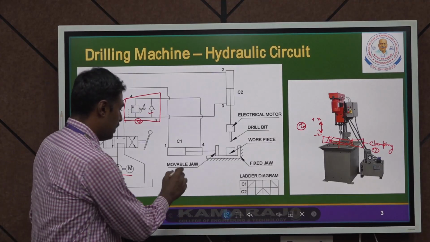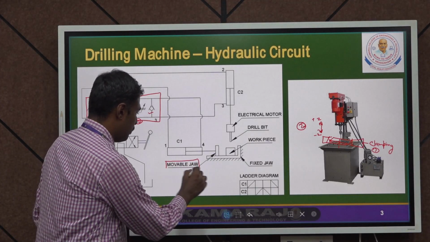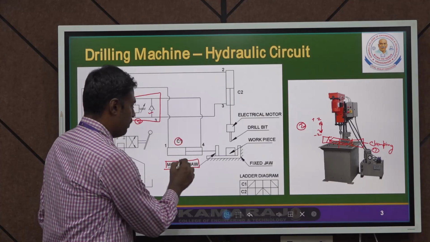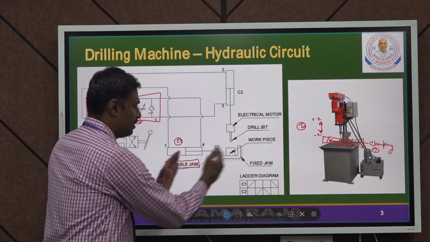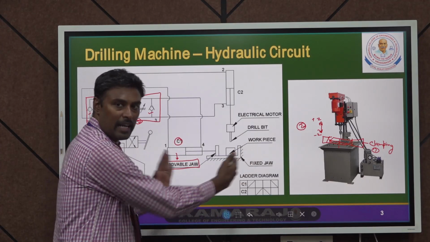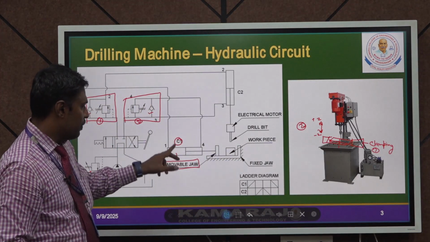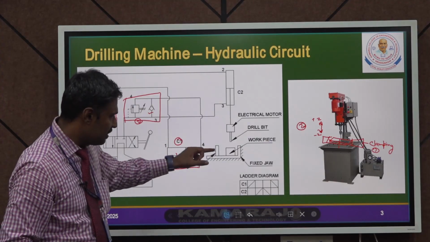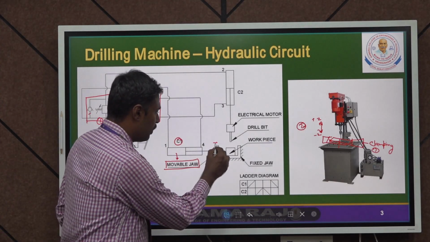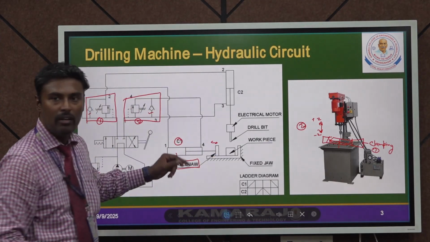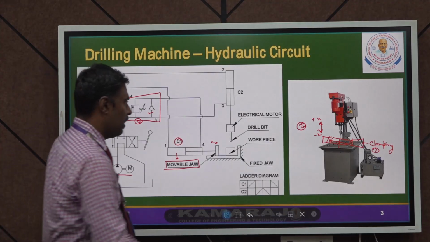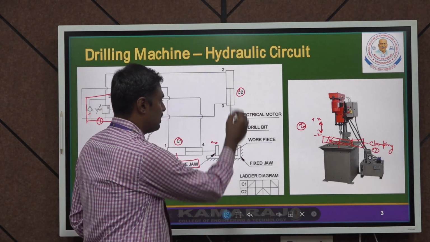How? Here it consists of cylinder 1, which is used for the movable jaw. This jaw is used for clamping and unclamping the workpiece. The cylinder 1 is attached here and moves for clamping, which is why it is also known as the clamping cylinder. The other is cylinder 2.